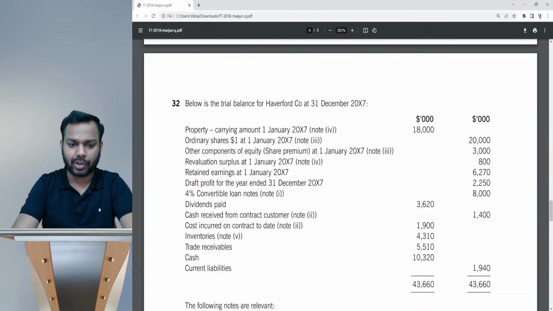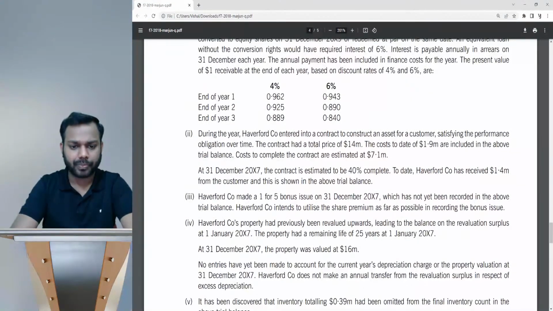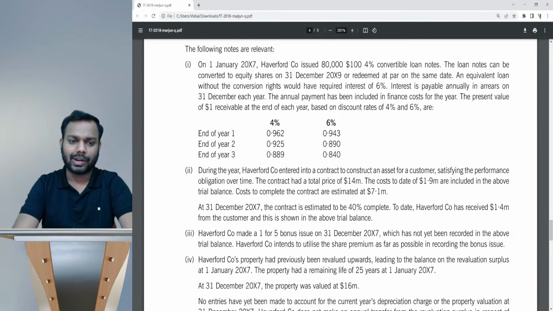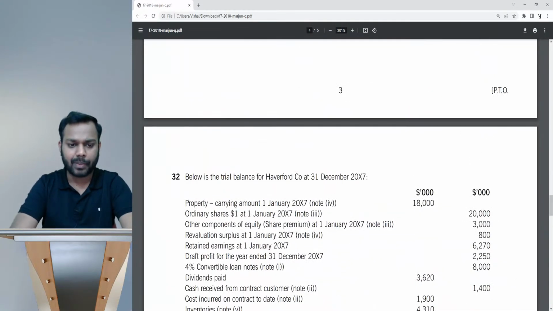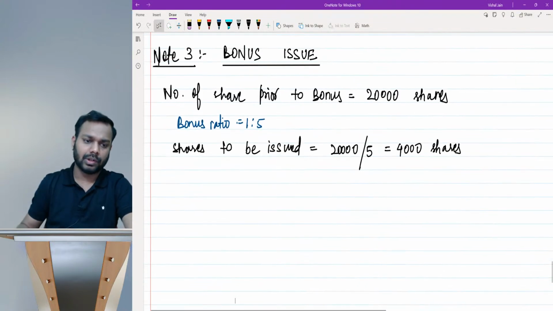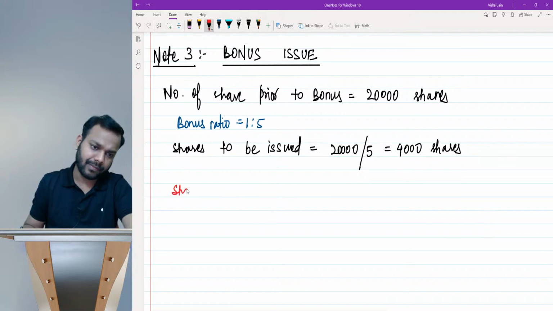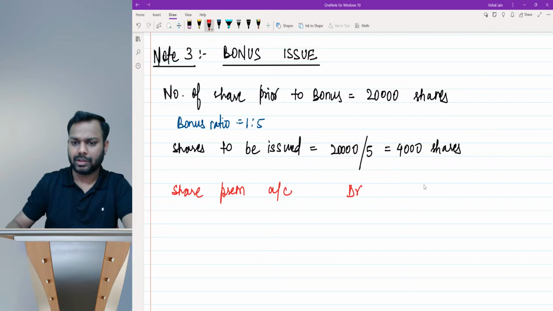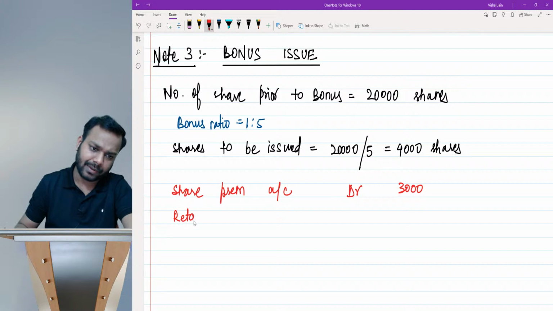Now what does the question say? Haverford company intends to utilize share premium as far as possible in recording the bonus issue. Let's see the balance of share premium: 3,000. So the entry will be share premium account debit 3,000.